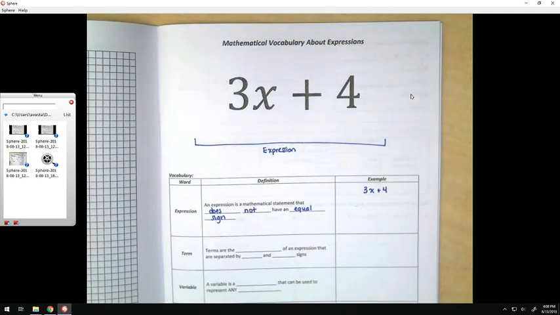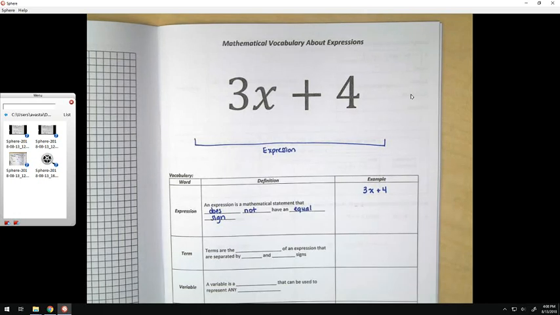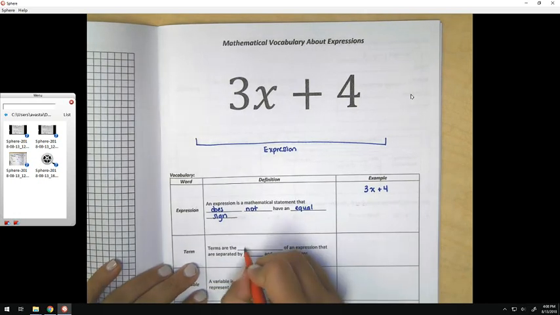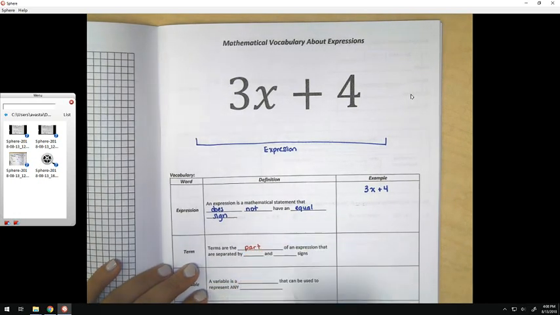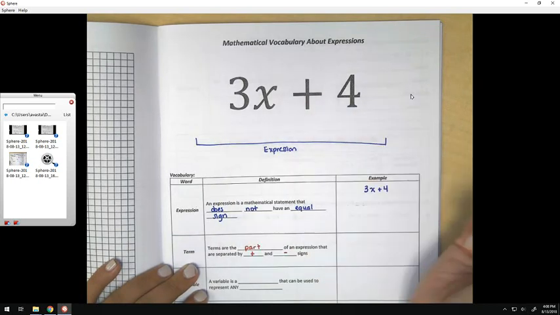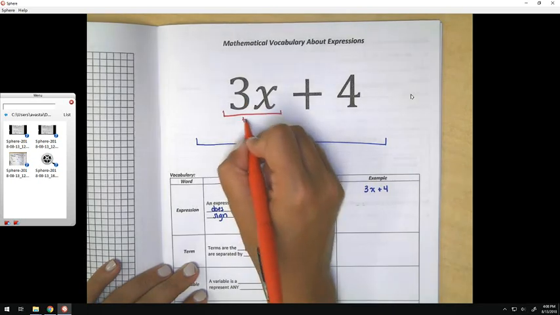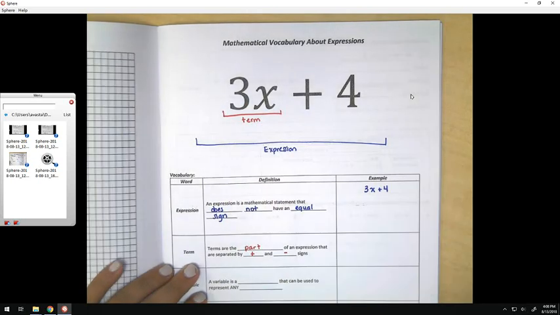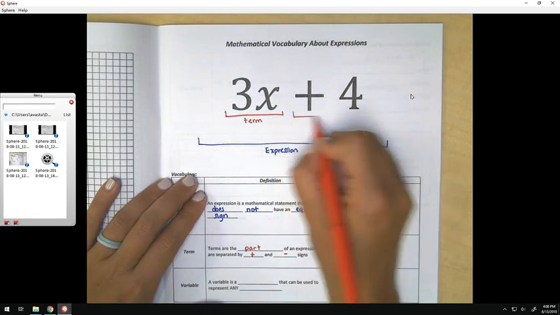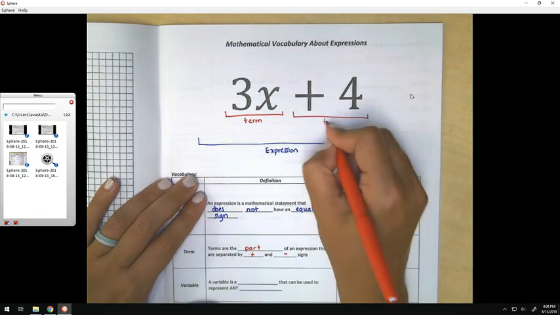Now, within an expression, there are parts of an expression. A term is the part of an expression that is separated by a plus sign or minus sign. If I were to say, what in this expression would the terms be? 3x would be a term in this expression, and positive 4 would be a different term.